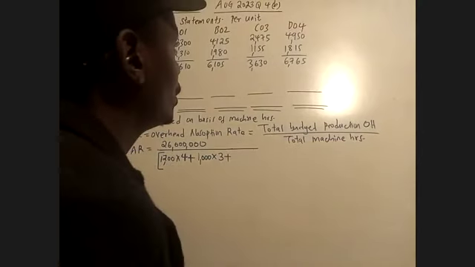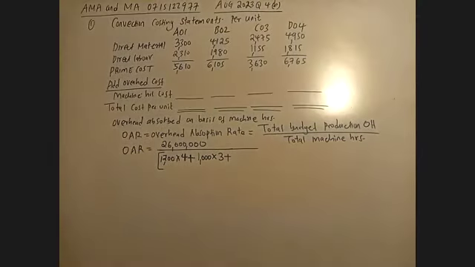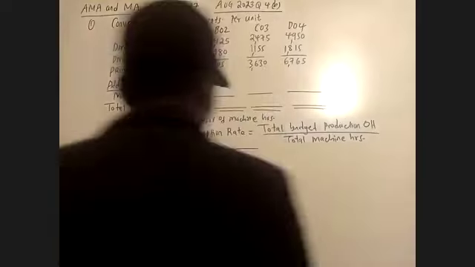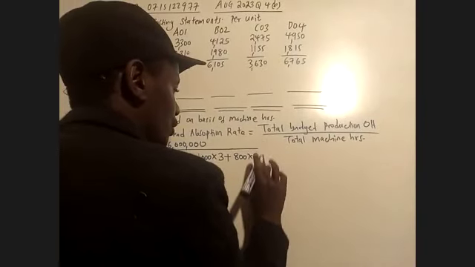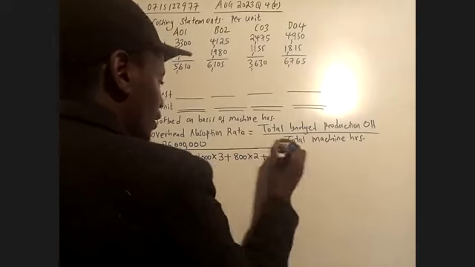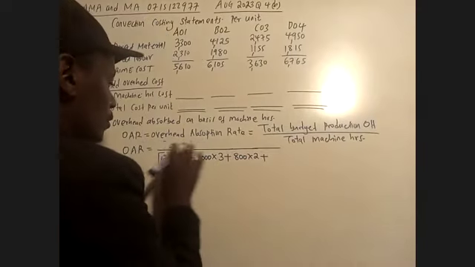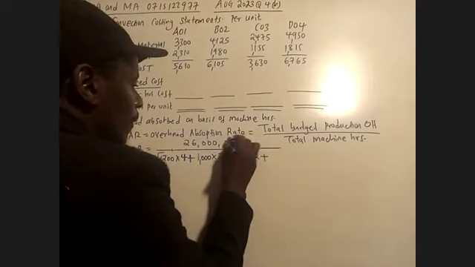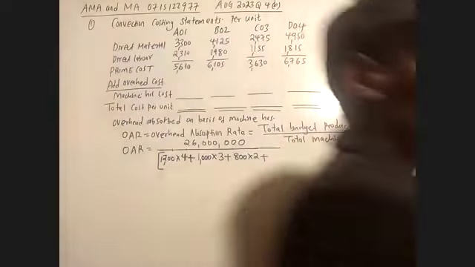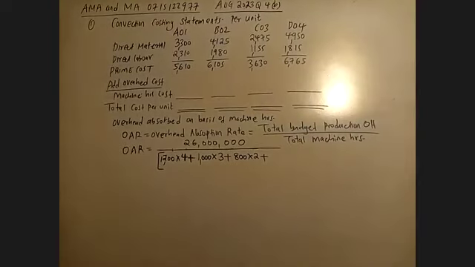Tuende kwa C3. For C3, if you can check, the total units is 800, but 1 hour per unit. Then the last one, how many hours per unit?